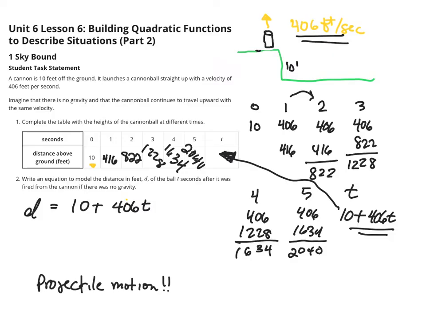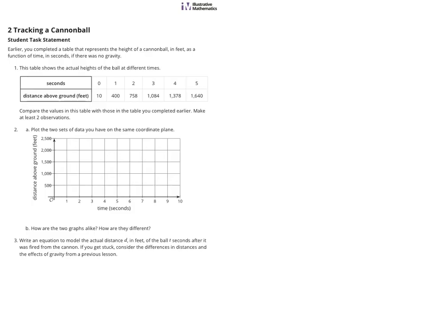And then I tested a few times to make sure I did it right. So when t equals 1, I get 416, which is correct. When t equals 2, get your calculator out, I get 822, which is correct. I always test out my equations.